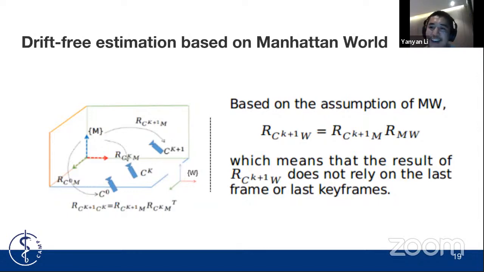This is why we call it a drift-free rotation, and why we use R_CKM as input to update R_CK+1M. Yang gave very good answers. Thank you.